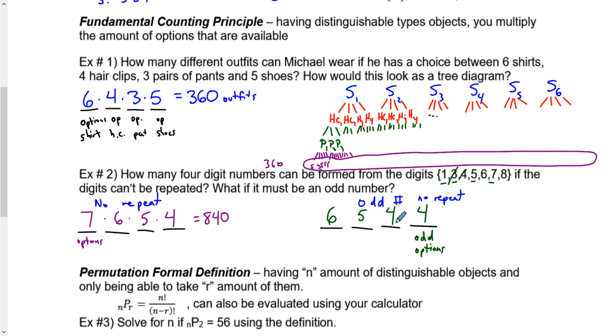And then it actually goes to 4. So 6 times 5 times 4 times 4 is 480. There are 480 four-digit numbers that are odd where we do not have any repetition of digits.